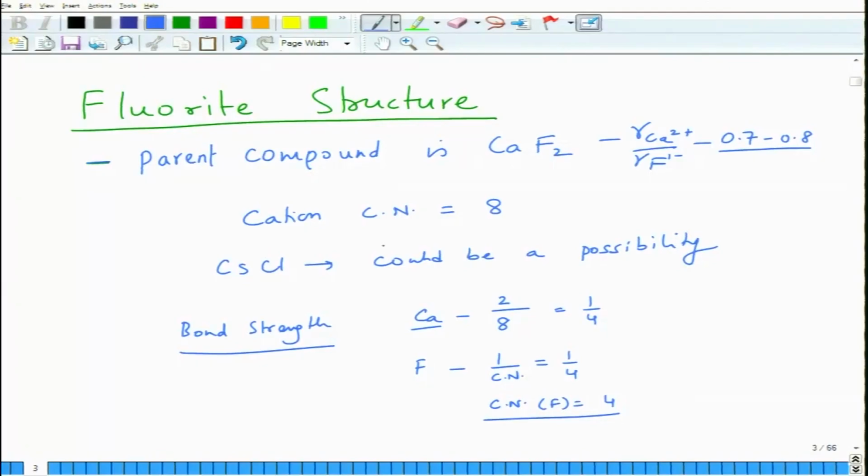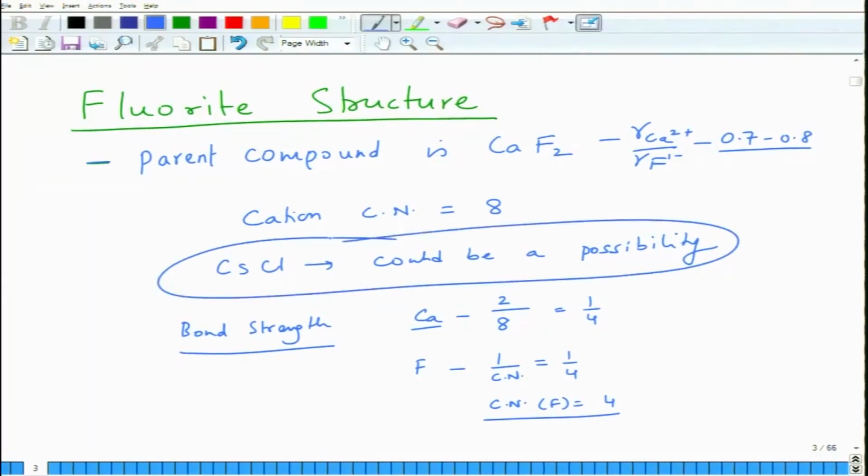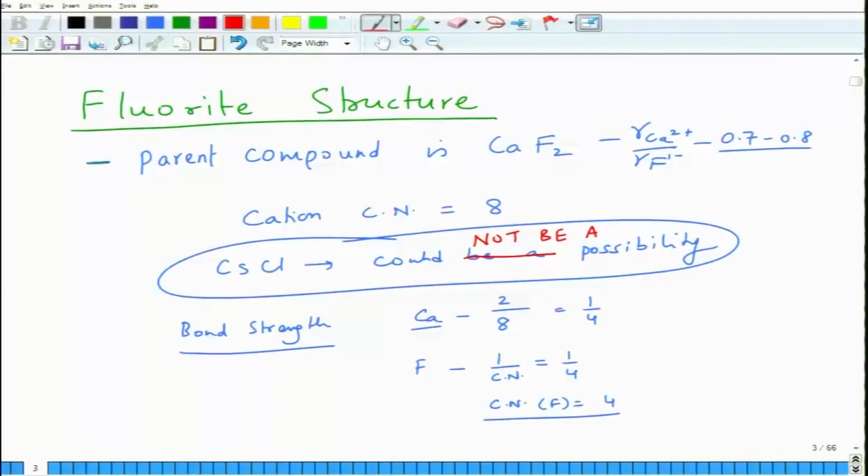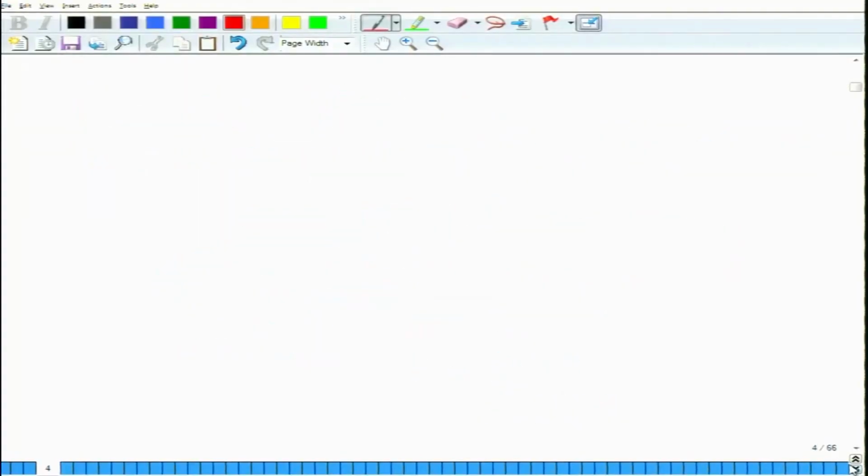As a result, CsCl is not a possibility. We will see the CsCl structure later on, but basically it is a structure in which both cesium and chlorine are cubically coordinated.